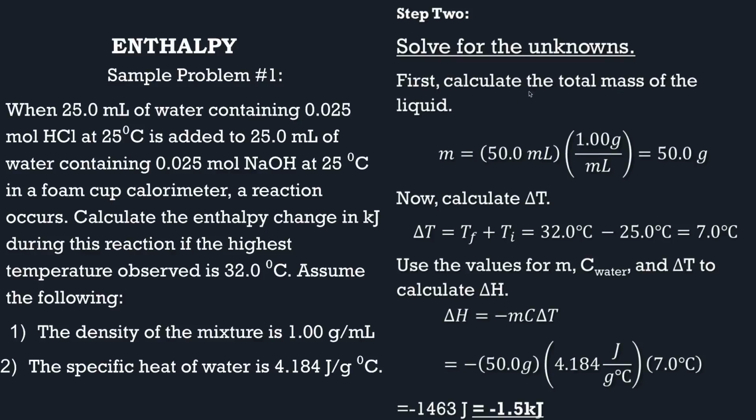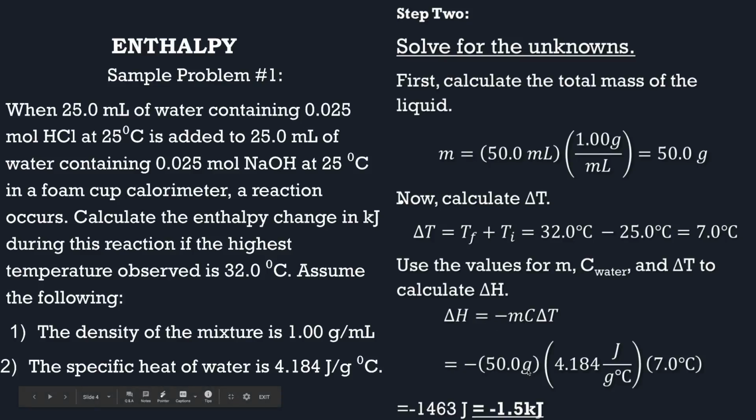All right, so now step 2 is we're going to solve for the unknowns. First, we're going to calculate the total mass of the liquid, which we did. We said it's 50 grams because 50 mils at 1 gram per mil is 50 grams. And then we're going to calculate delta T. So Tf minus Ti, 32 minus 25, gives you 7 degrees. Then we're going to use the values for mass, C of water, and delta T to calculate delta H. So delta H equals negative mCΔT.